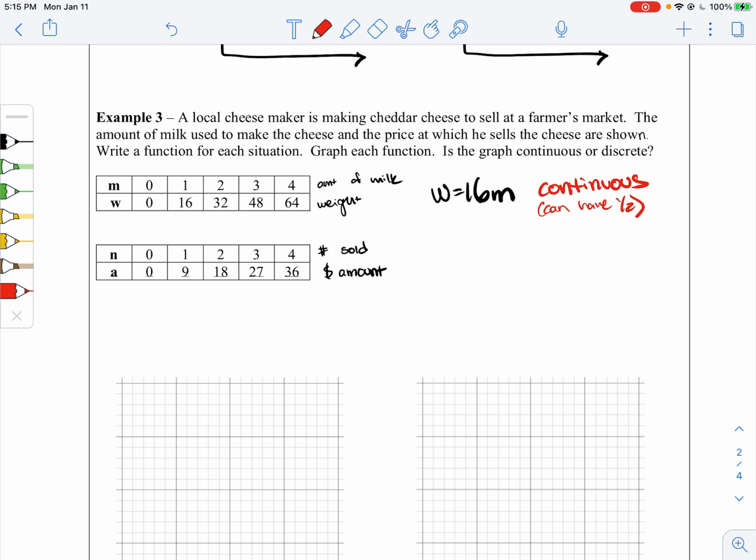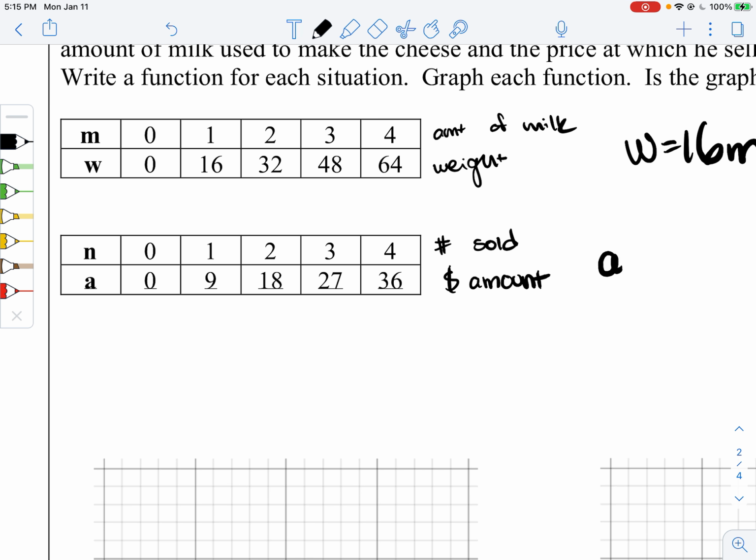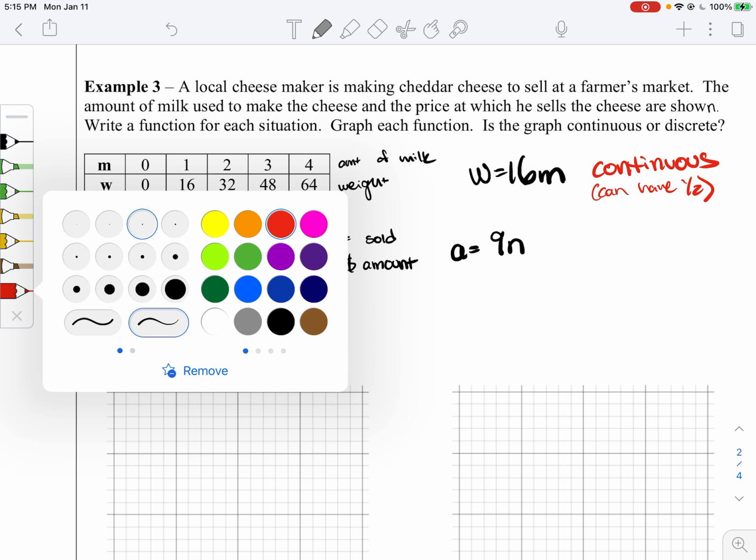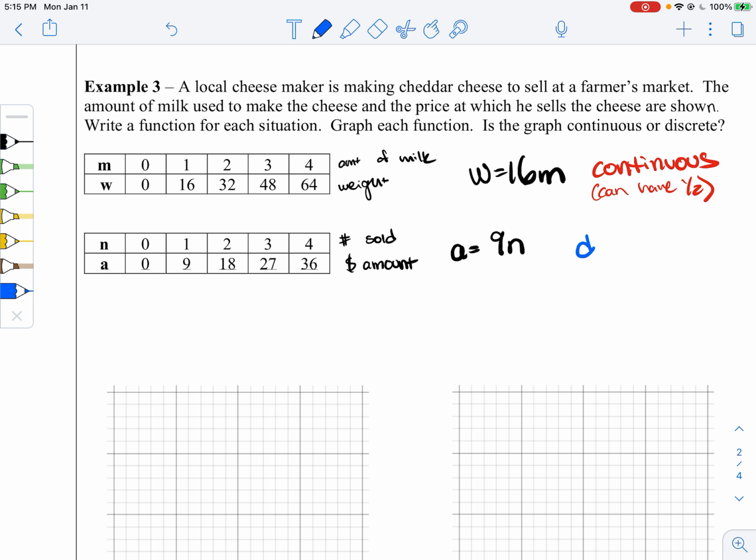However, for the number of cheeses sold, you can't sell like half of a cheese. You can sell a smaller cheese, but it's one. You sell one thing. Okay. Here our function is, we say the amount is $9 times the number of cheeses you sold. He can only sell like one thing. This is going to be discrete because you don't cut your cheese in half.